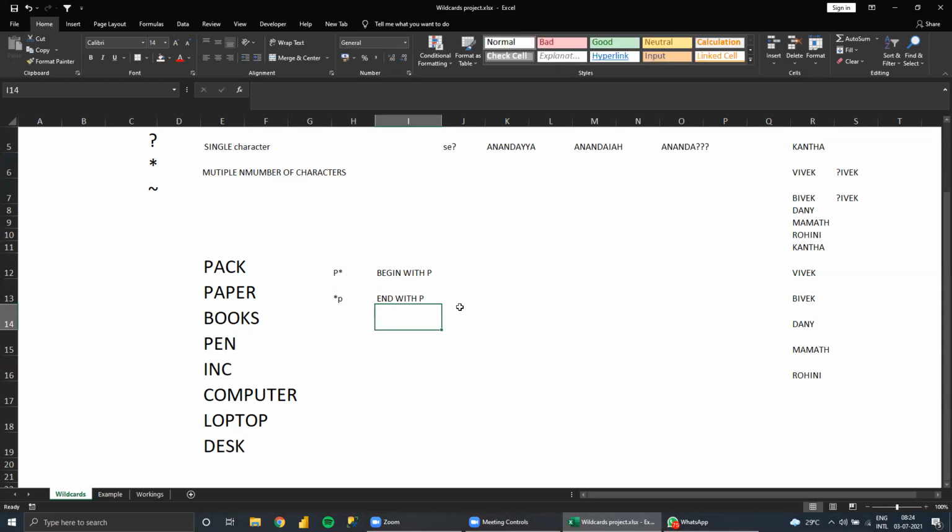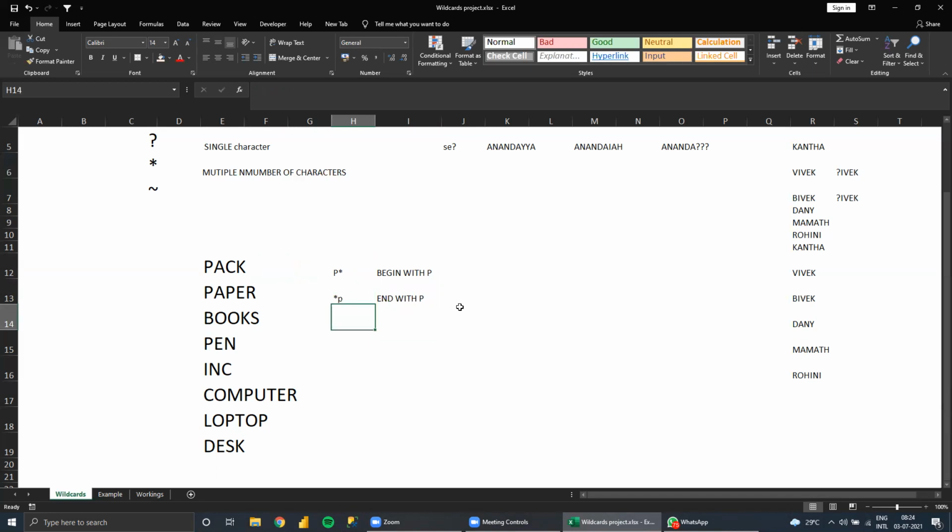This is called end with any character, any word. Not only a word, characters in a word also. Suppose a sentence is there. So pack means that word should be first, and the rest any number of characters. So like this: begin with, end with.